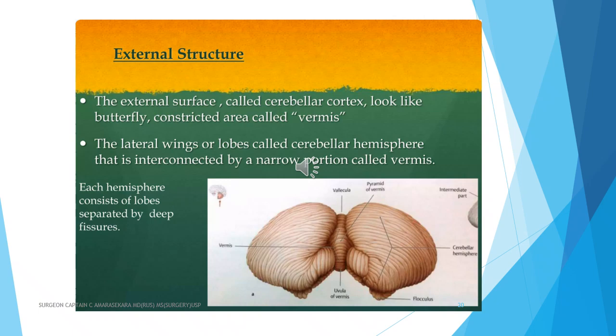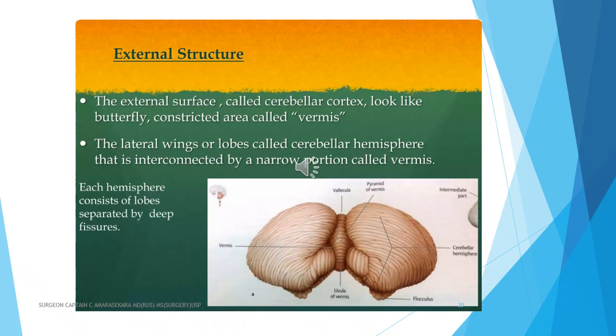The cerebellar cortex viewed from behind resembles a butterfly with a central constricted region called the vermis, flanked by two cerebellar hemispheres. These hemispheres are separated by deep fissures and subdivided into lobes, each with distinct roles in motor regulation.